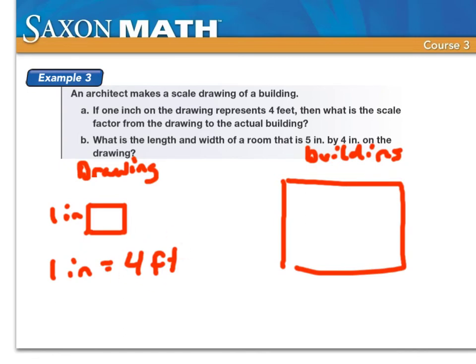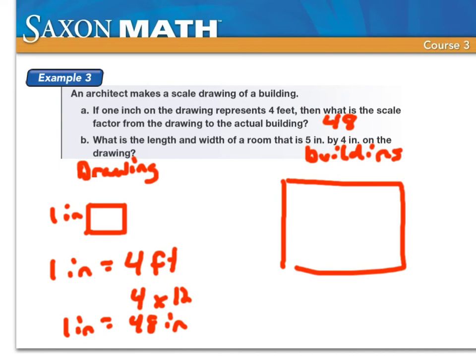Well, 4 feet times 12 inches in a foot gives me 48 inches. So really 1 inch on the drawing is equal to 48 inches in real life. So the scale factor is 48. Means the building is 48 times as big as the drawing. Okay? So 48 times as big as the drawing.